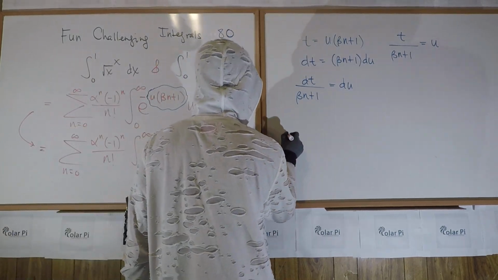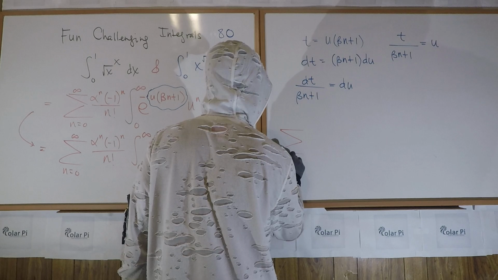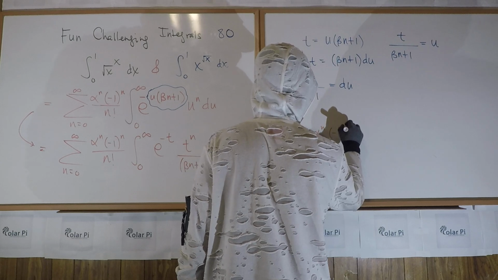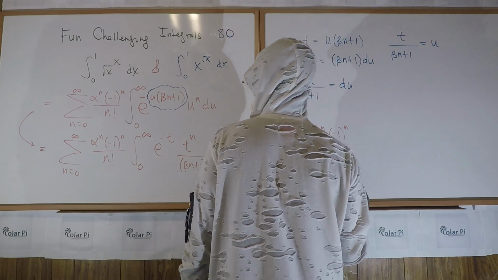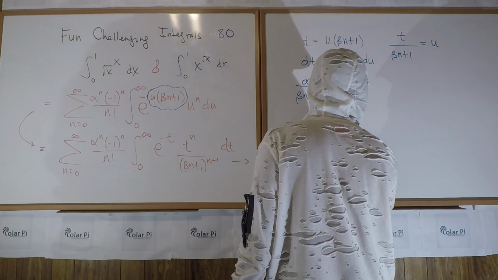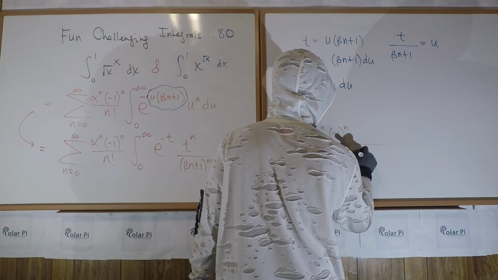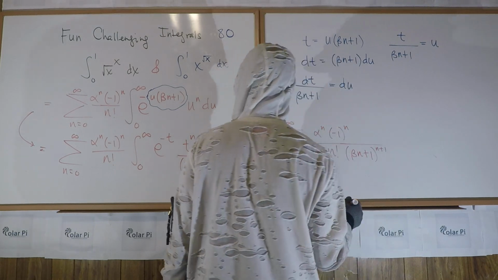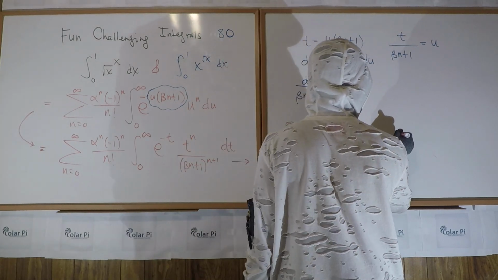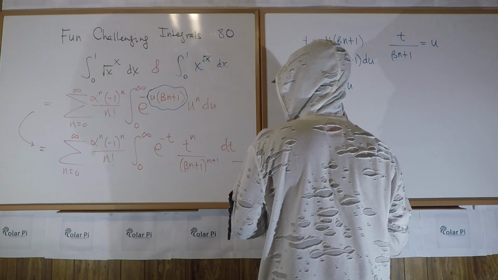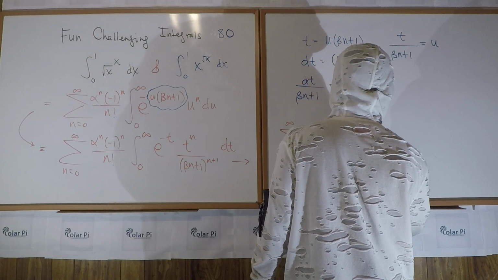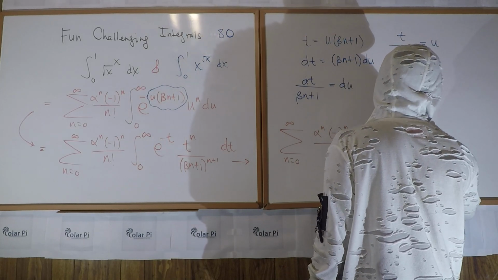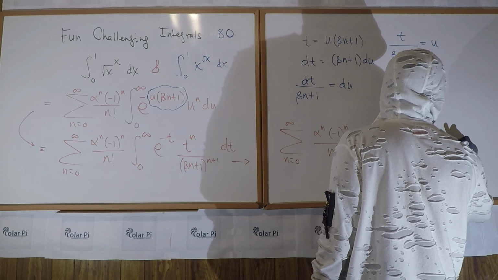So now we see that what we have is the same as the sum from n equals 0 to infinity of, and then I could write the beta n plus 1 to the n plus 1 right here, and then I simply have, behind that, I'll do it in a different color, the integral from 0 to infinity of e to the minus t times t to the n dt.